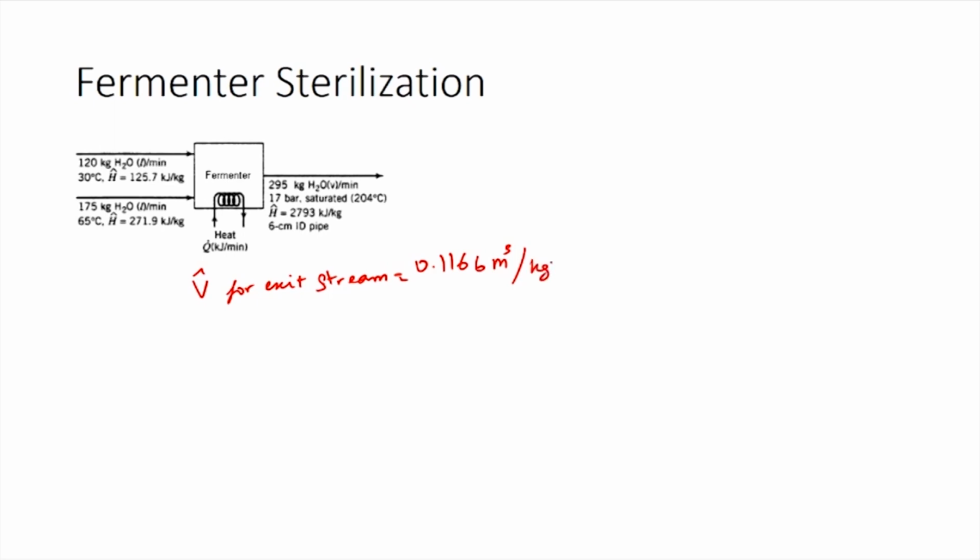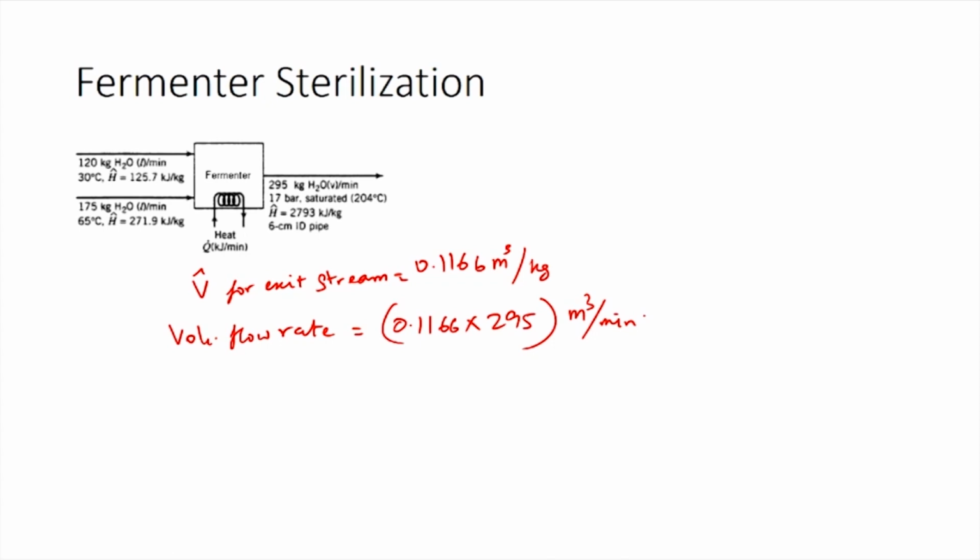So, this is the specific volume for the exit stream based on the steam tables. Now, we need to multiply this specific volume with the mass to get the volumetric flow rate. So, the volumetric flow rate would be equal to 0.1166 times 295. This would give us volumetric flow rate in terms of meter cubes per minute.